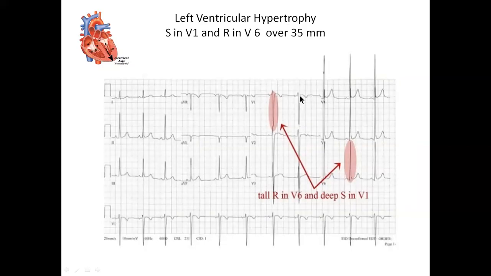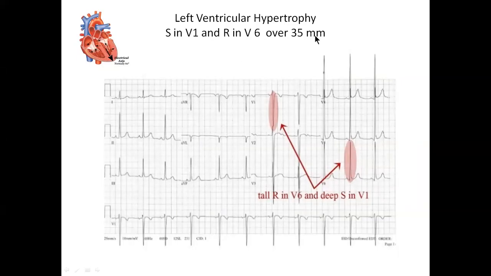Then you count how many squares you have there and you add that to the R in V6, okay? So this is V6 and the tall upward one is R, and you see how many squares it has.